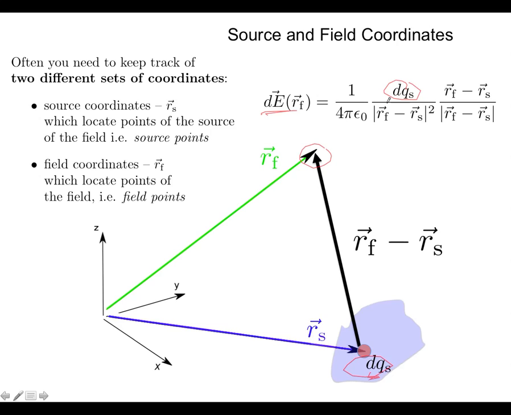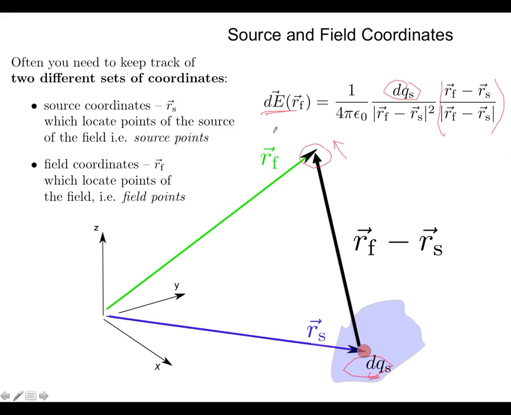There is also this factor at the end, which is a unit vector constructed by dividing the vector r_f minus r_s by its magnitude. So this is a unit vector that points away from dq_s.